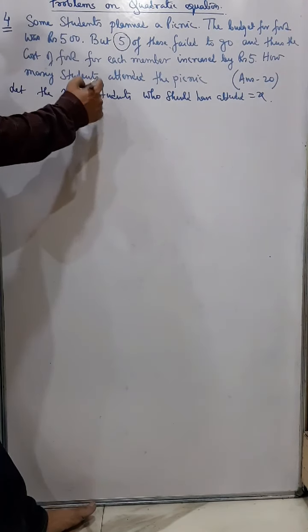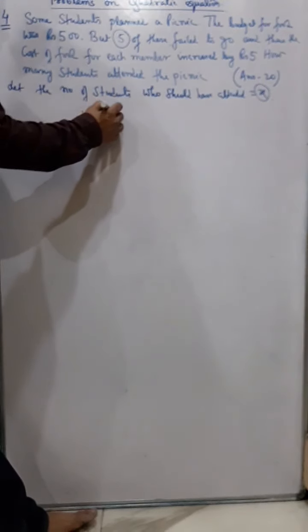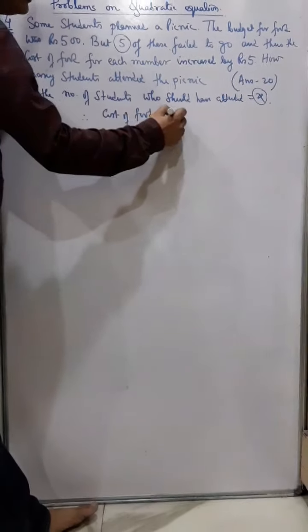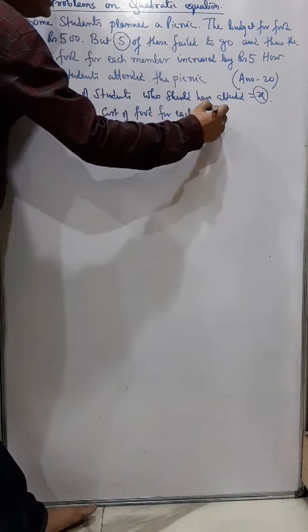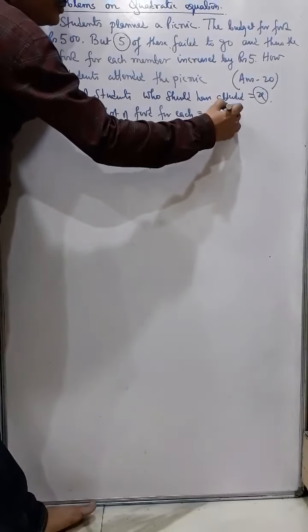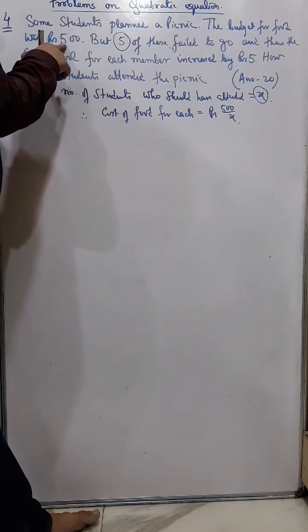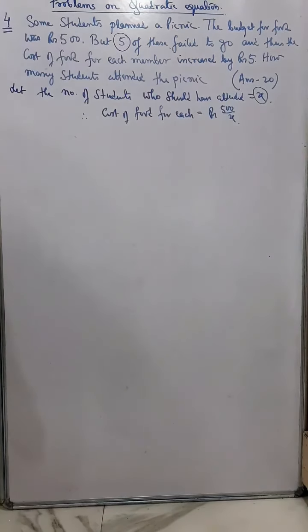Therefore, according to this, now this was the original number of students who should attend. Therefore, I can say cost of food for each. In that case, the cost of food for each will be 500 by x rupees, because total 500 rupees was the expense and the total number of students should have been there was x. Okay, so each person's share, each student share would be this one.